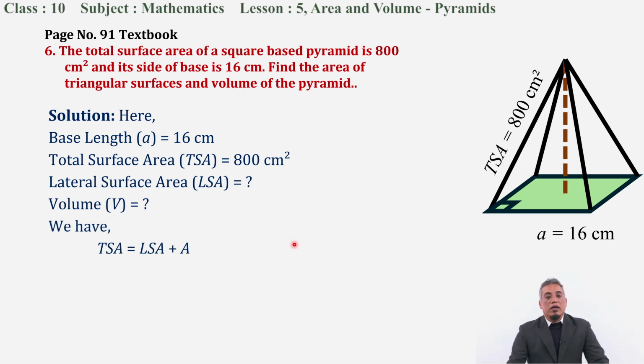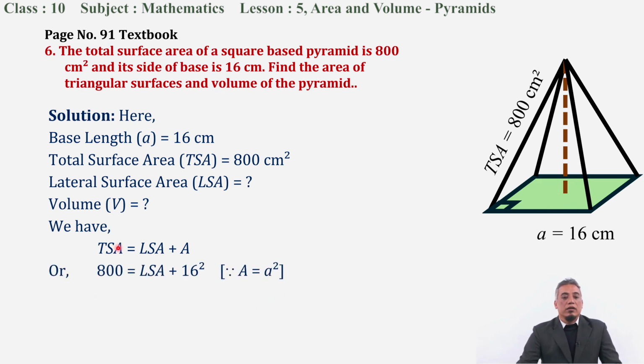So we can apply this formula. Total surface area equals to lateral surface area plus base area. This is simple formula because these four triangles make lateral surface area and one base area makes, if we add them all, it gives total surface area. So here total surface area is given here, 800 cm square.